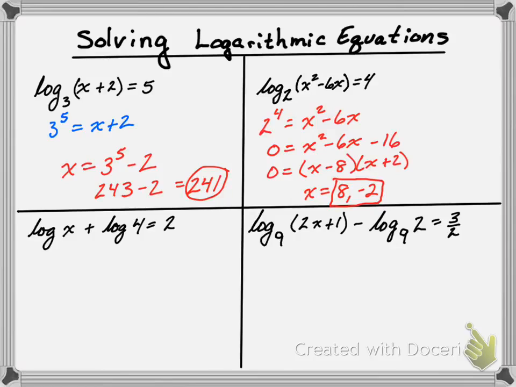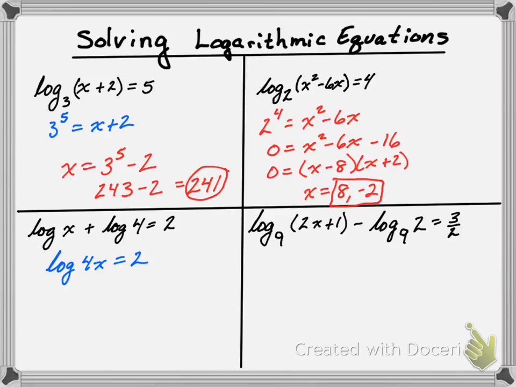All right, so the next one, this time we have two logarithms, and what we want to do here is combine or condense these logarithms. And remember, when you have logs that are separated with addition, you condense them by multiplying the 4 and the x together. So this becomes the log of 4x is equal to 2.